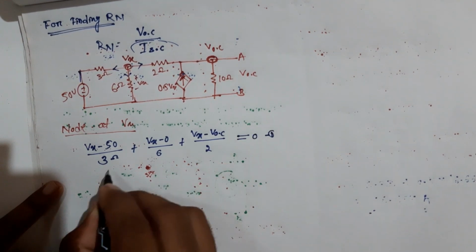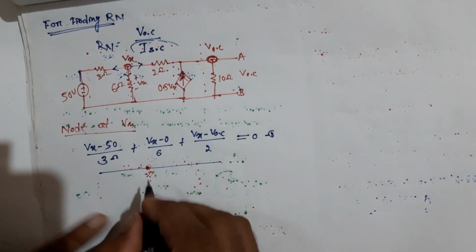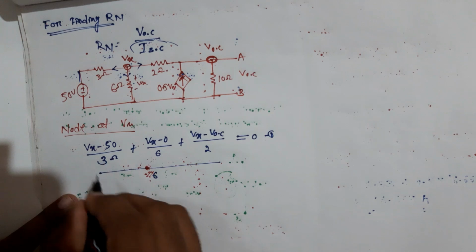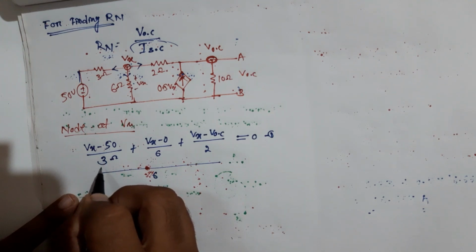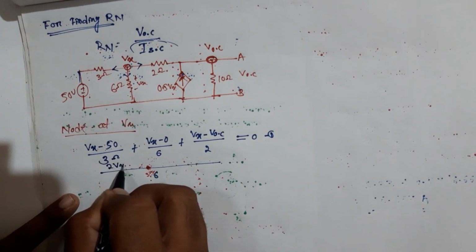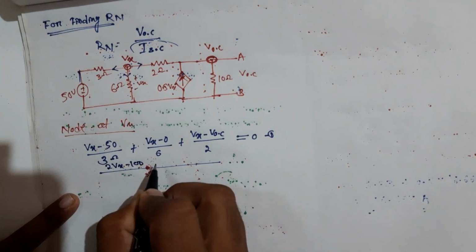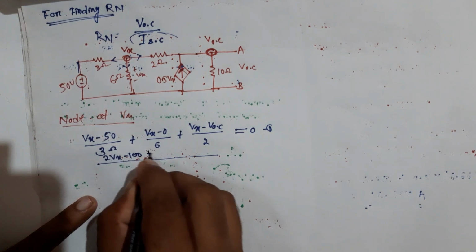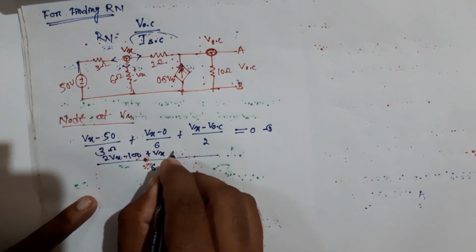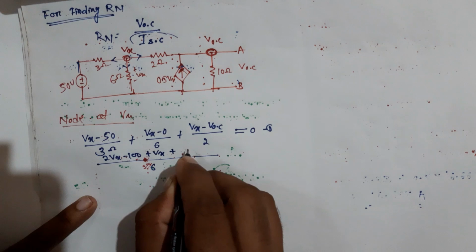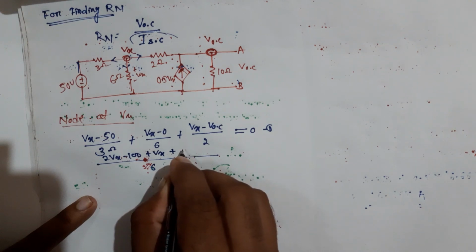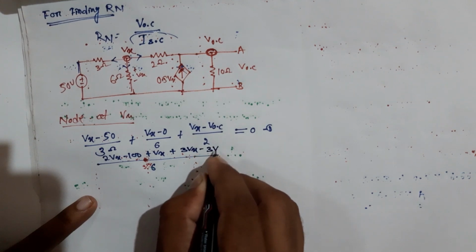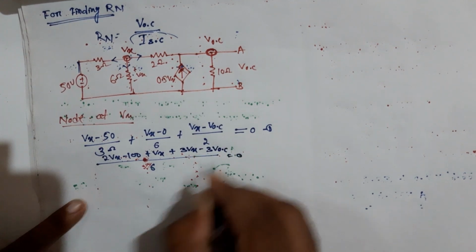If we modify this equation, with LCM 6, it becomes 2Vx minus 100, plus Vx, plus 3Vx minus 3VOC, equal to 0.